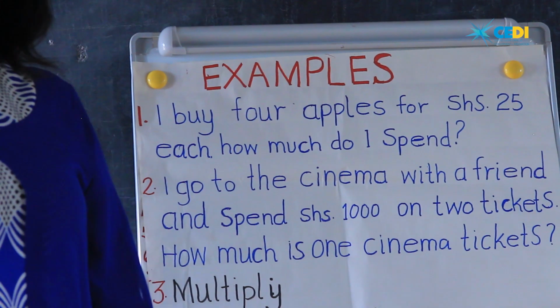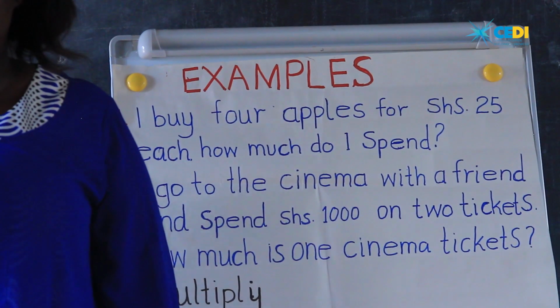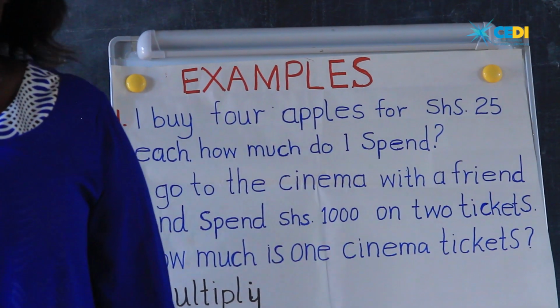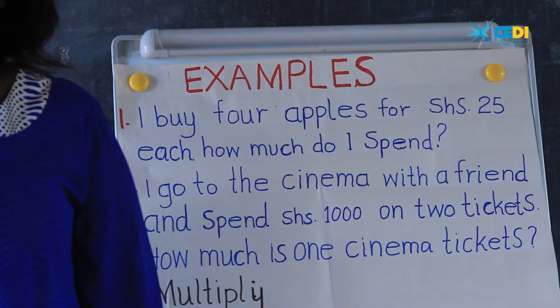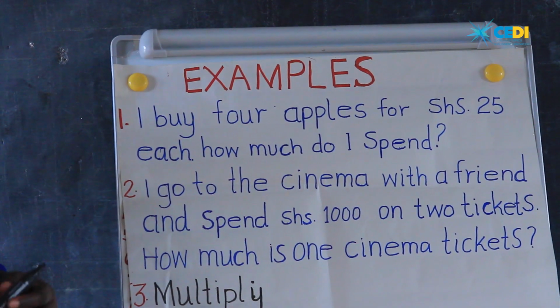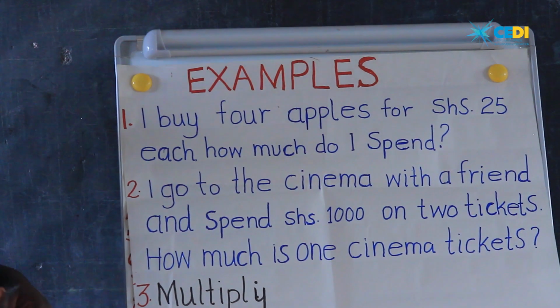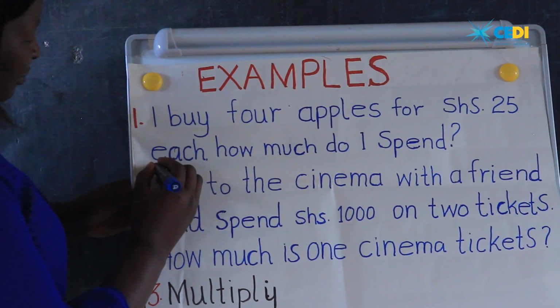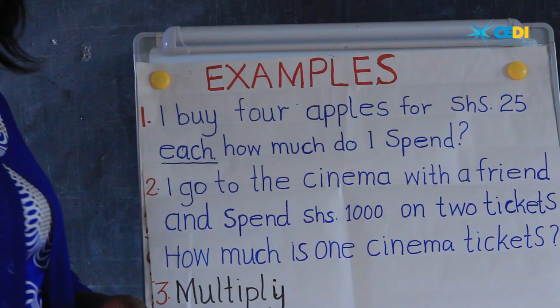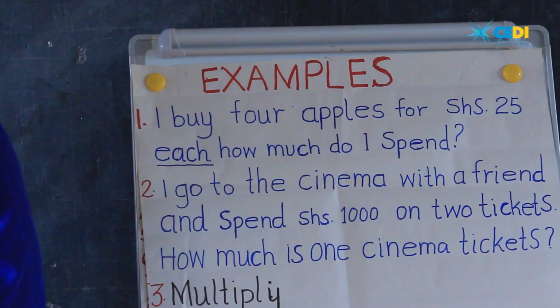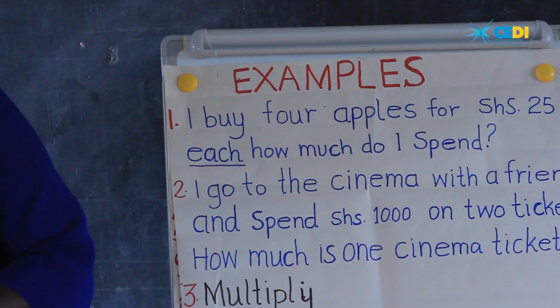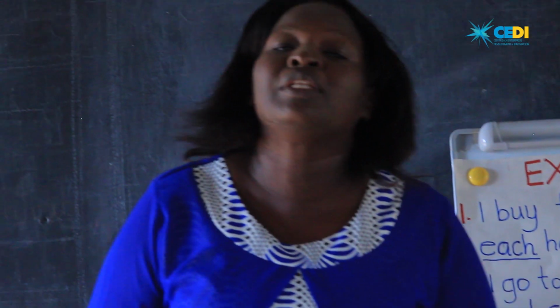Remember, in our next topic, we are going to do word problems. So I would like to remind ourselves that whenever you come across a question with each, then please use multiplication.